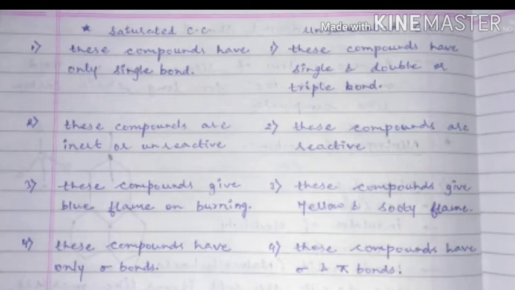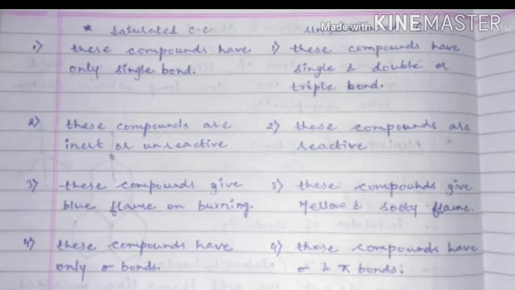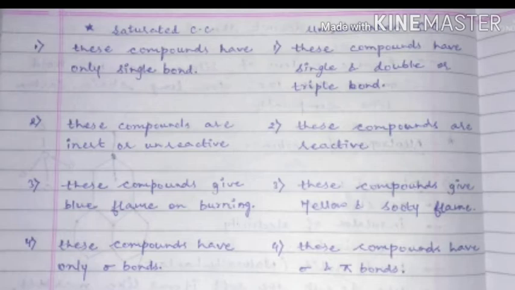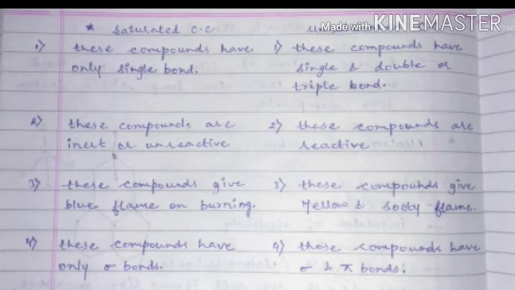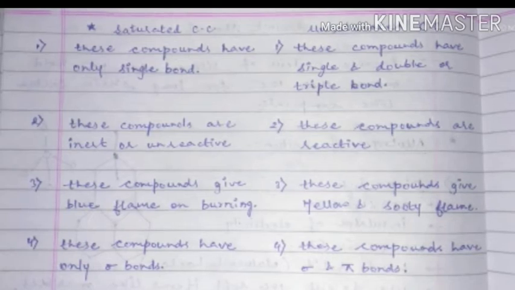Then students, if we burn a saturated carbon compound, we will find a blue flame on burning, while the unsaturated carbon compound gives a yellow and sooty flame. Yellow means yellow colour flame, but sooty means we will find black smoke over the flame.